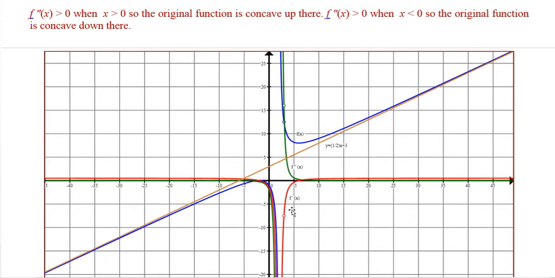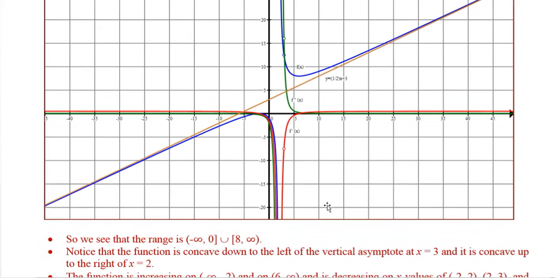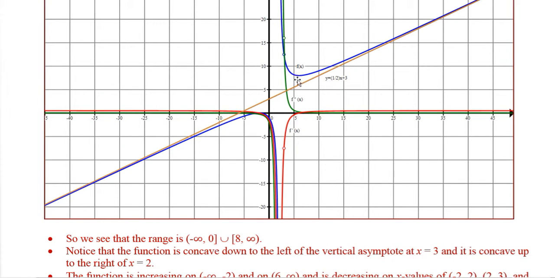So let's look at the first derivative. The first derivative hits the x-axis right here, and that's where the original function has a local maximum, at negative 2. The first derivative hits the x-axis right here at, I believe it was 6, wasn't it? Yes, 6. And the original function has a local minimum there at 6, 8.